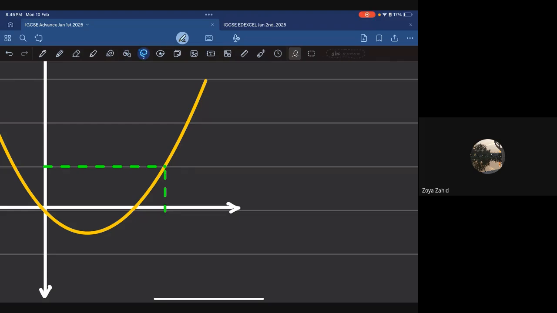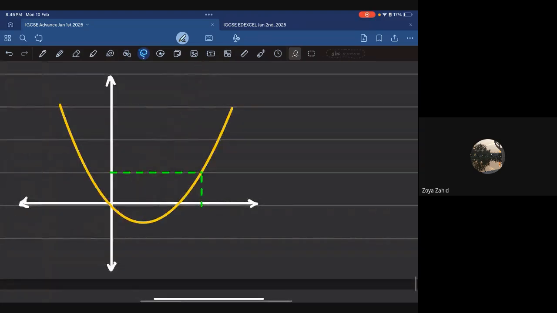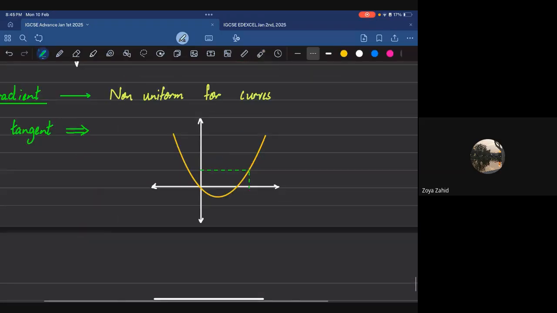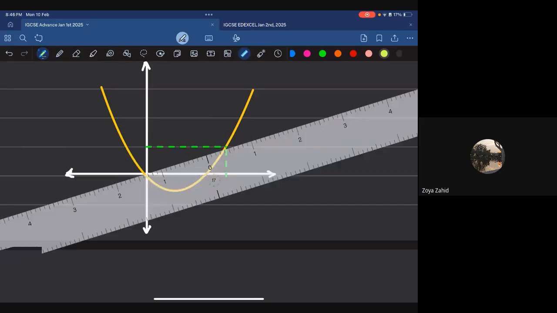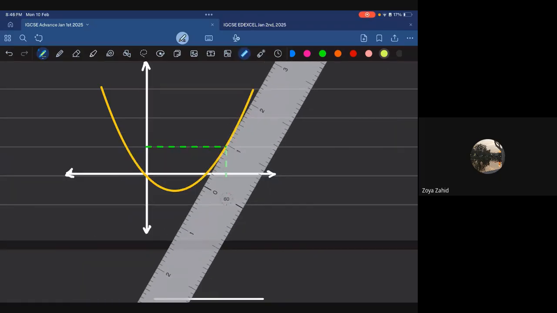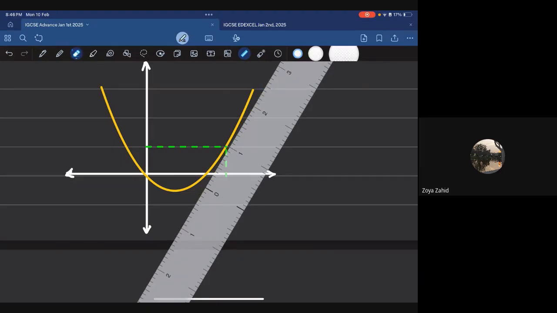Okay. If they tell you to find the gradient at this point, now that is a bit of a hassle. Why? Because the gradient is constantly changing throughout. What I'm going to do is simply draw a straight line, preferably not dotted.